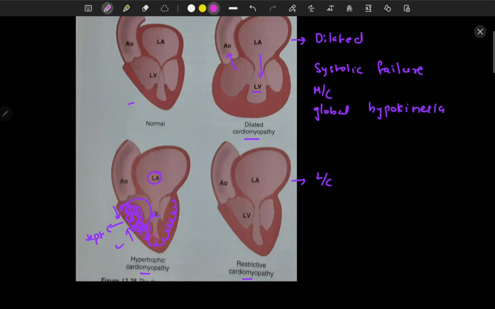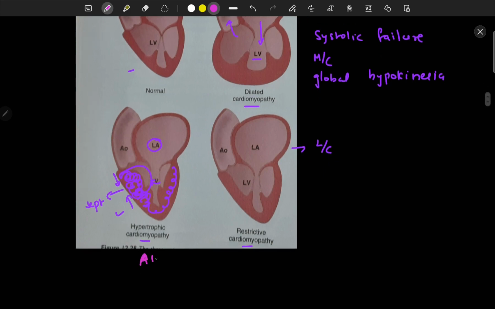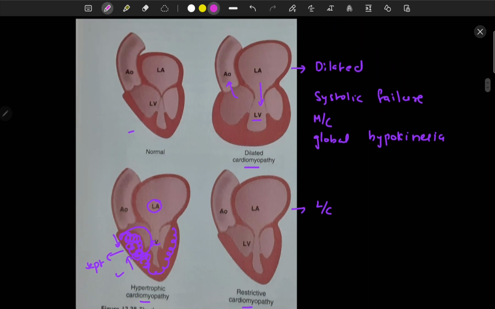So this hypertrophic cardiomyopathy is asymmetric, and is also called asymmetric cardiomyopathy.